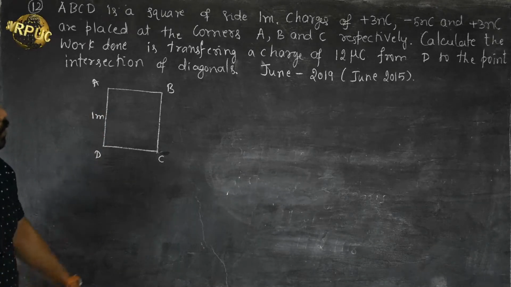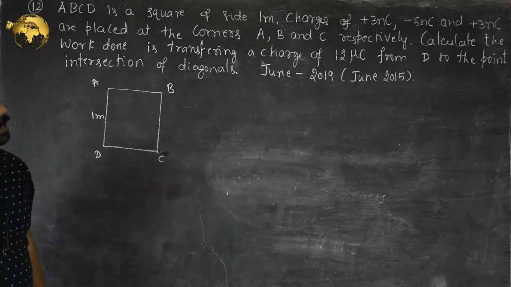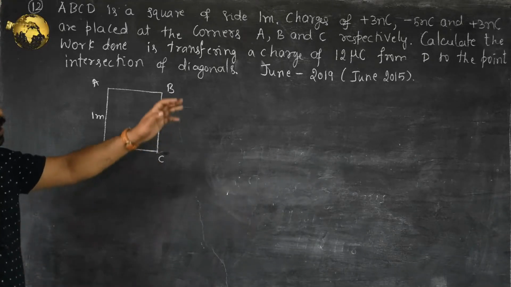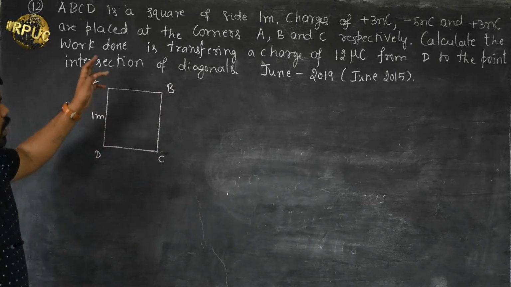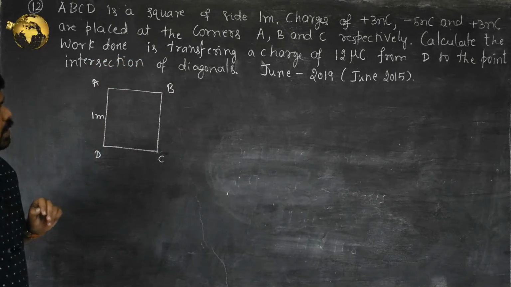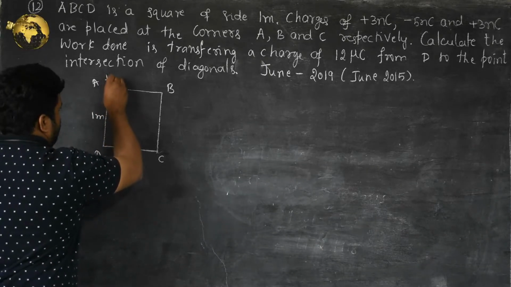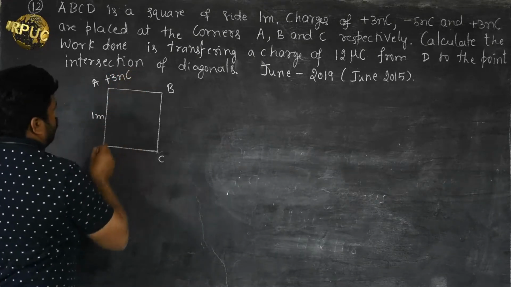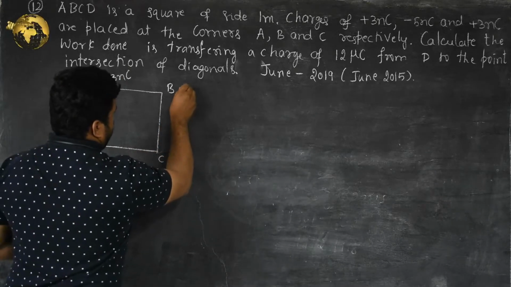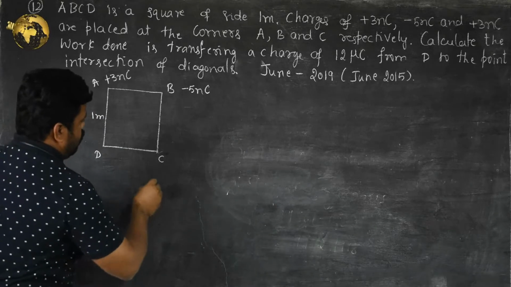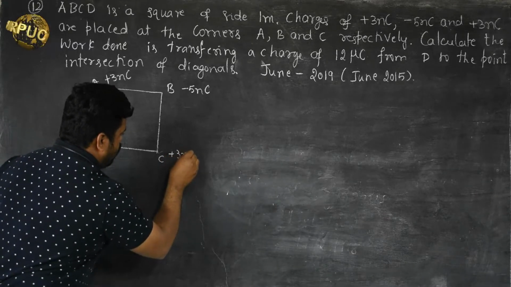It says charges of plus 3 nanocoulomb, minus 5 nanocoulomb and plus 3 nanocoulomb are placed at the corners A, B and C respectively. So at A we have plus 3 nanocoulomb, at B we have minus 5 nanocoulomb, at C we have plus 3 nanocoulomb.